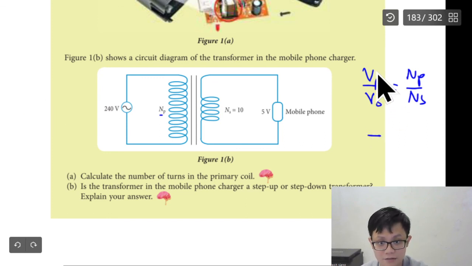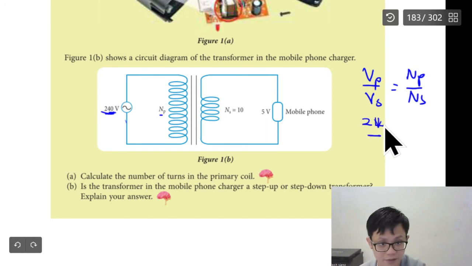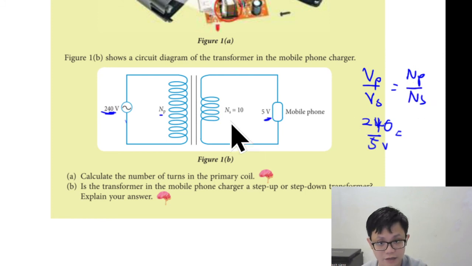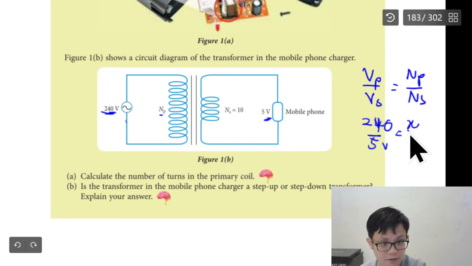Vp is 240. Vs is 5 volt. And Np is, I don't know, I put X. And Ns is 10.